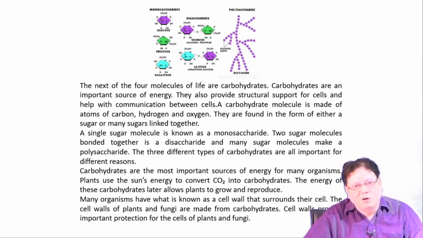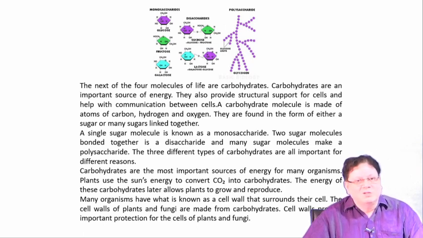A storehouse of energy, and it is the precursor of many biomolecules, even of many fatty acids that we synthesize, like palmitic acid, stearic acid. It is a component of the cell wall, and it also gives the energy to the plants.